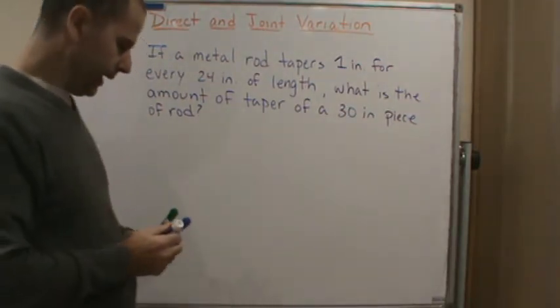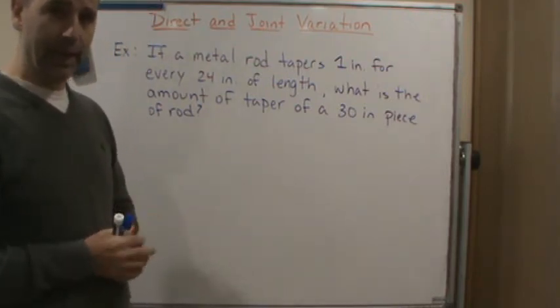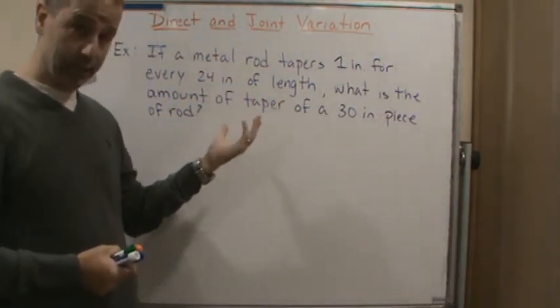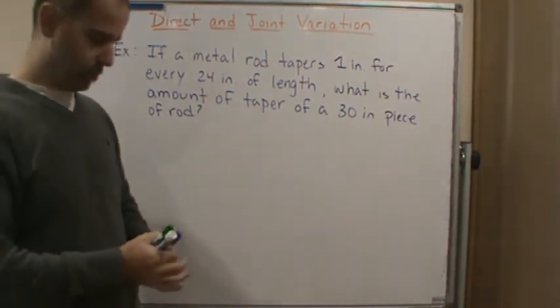Well, first of all, is there direct variation going on here? And the answer is yes, because as the length of the rod increases, the amount of the taper also increases. So this is direct variation.